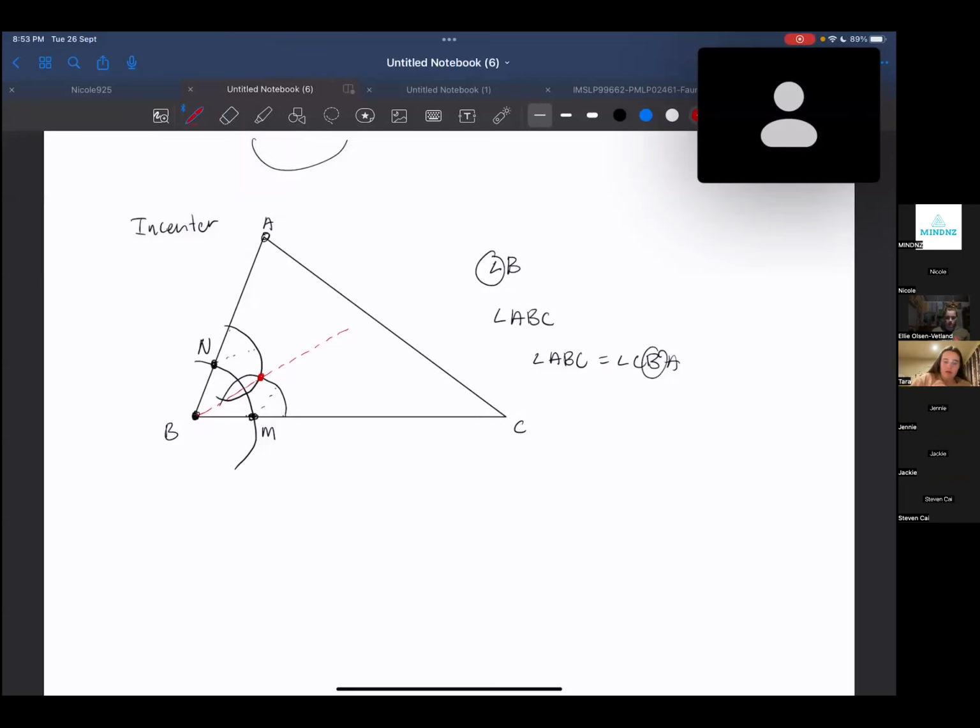So that's how we draw the angle bisector. Now, the annoying thing is we have to do this 3 more times. Well, no, sorry, 2 more times, or at least 1 more. Since we know that the angle bisector does exist, we can just do it 1 more time.